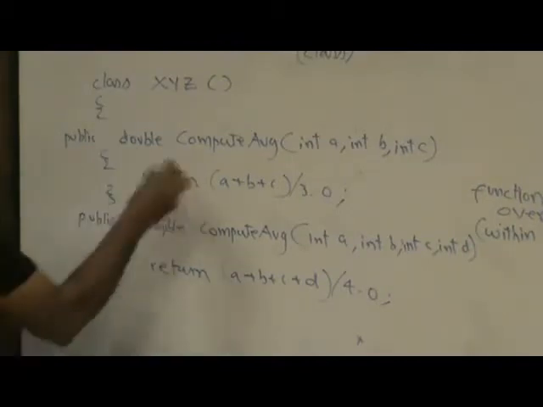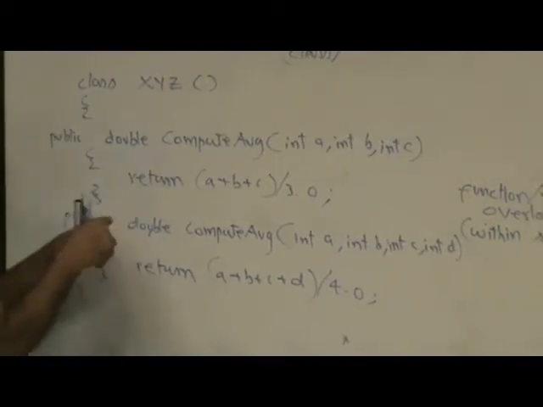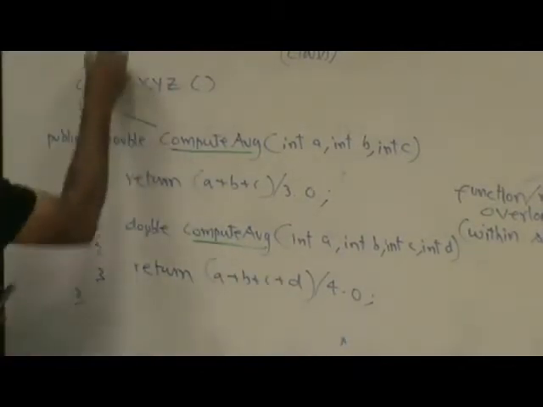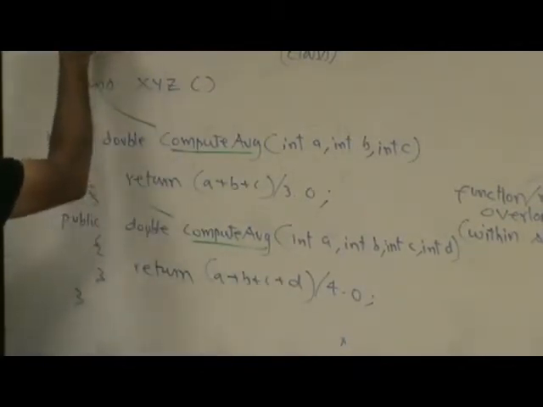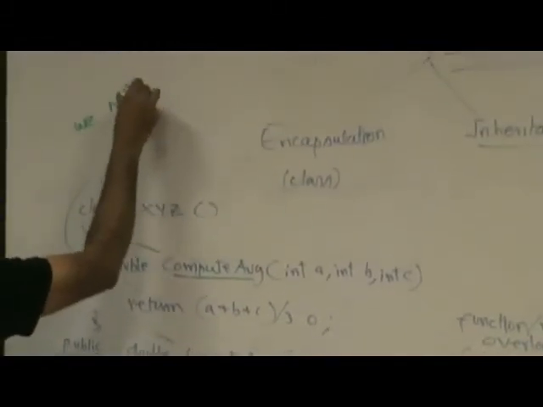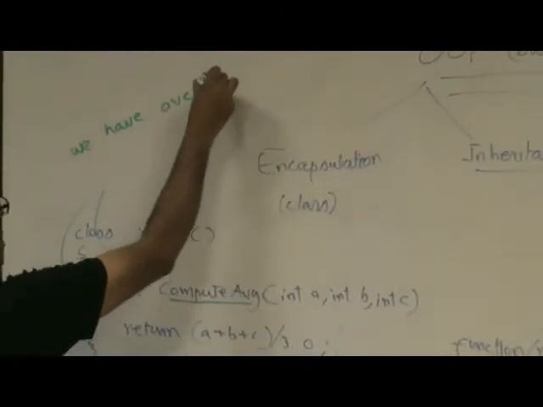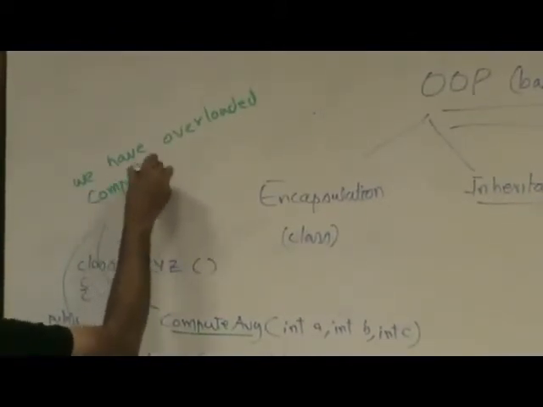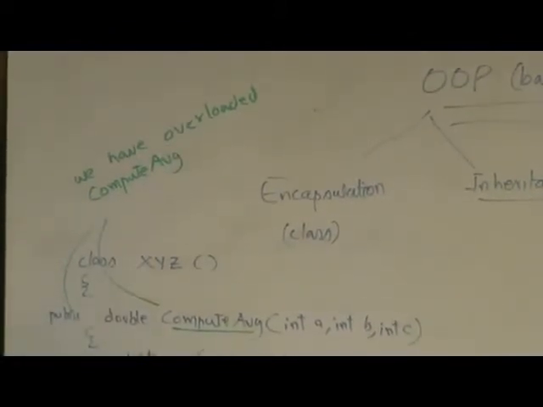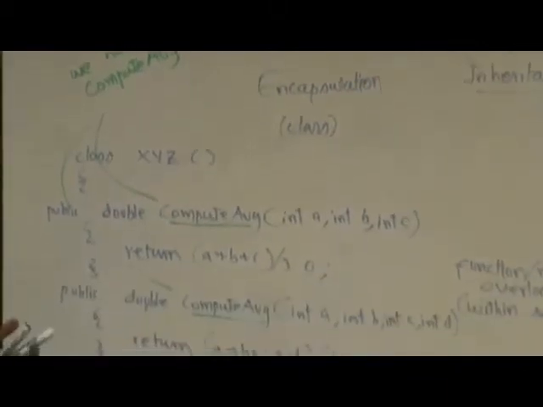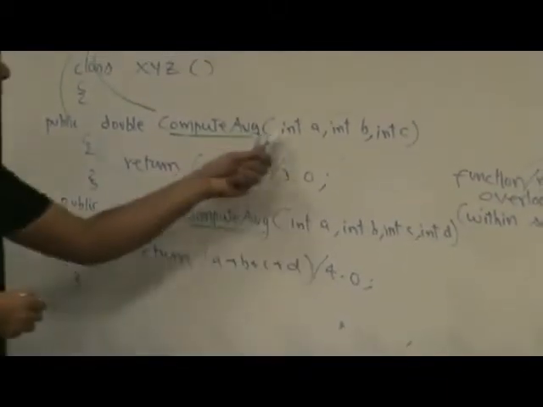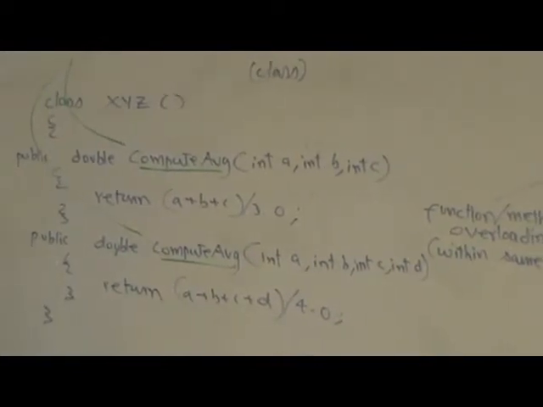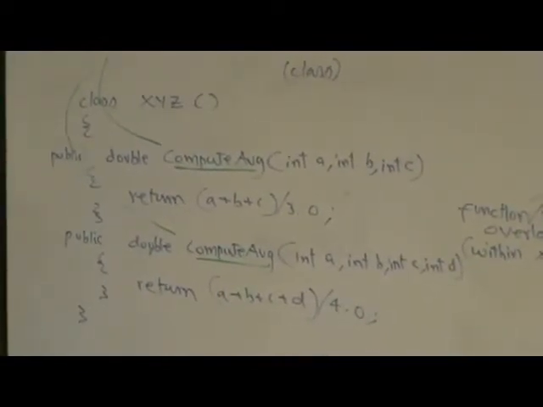So is this okay to have both be called computeAVG, right? If that is okay, in the technical terminology we say we have overloaded computeAVG, meaning there are 2 computeAVGs. Remember the rule we discussed was as long as the number of parameters or the type of parameters is different, you can overload as many times as you feel like it.